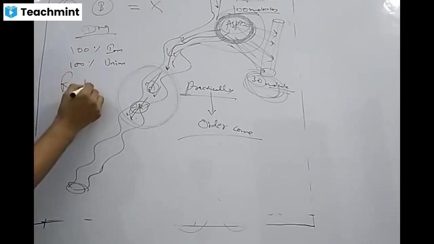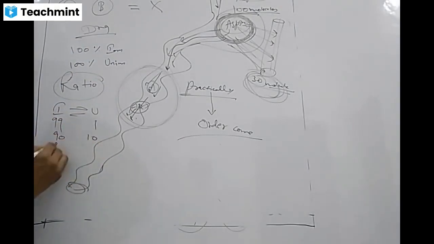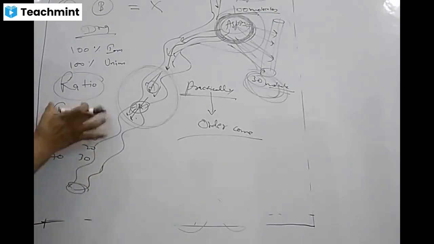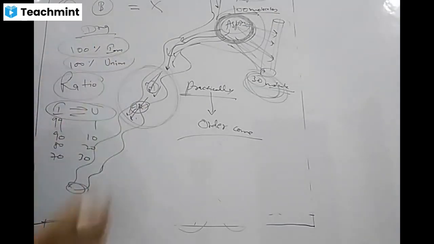There is a ratio between these two forms, ionized and unionized. That ratio may be 99:1, 90:10, 80:20, 70:30. It always remains in a particular ratio, never 100% ionized.